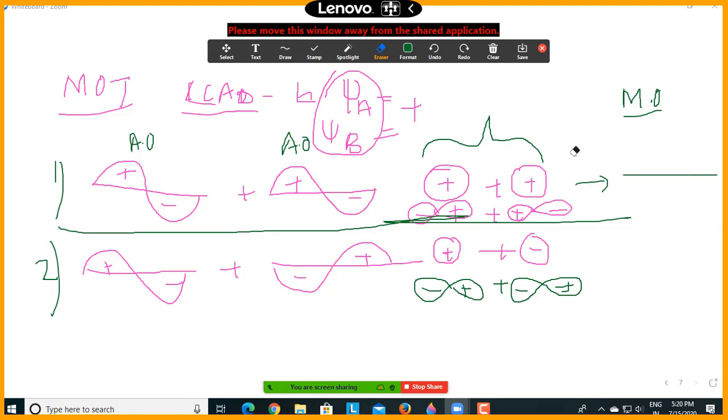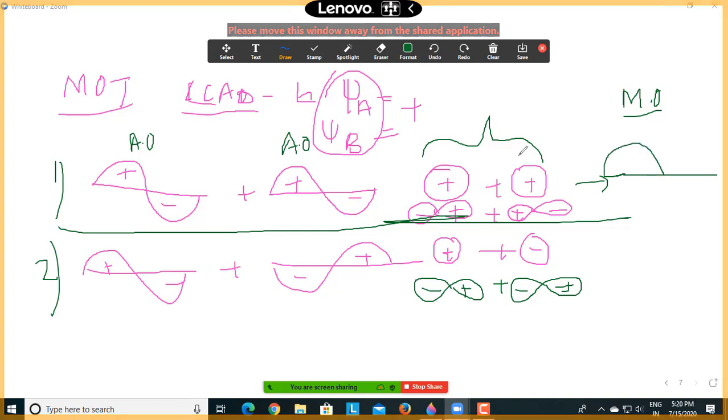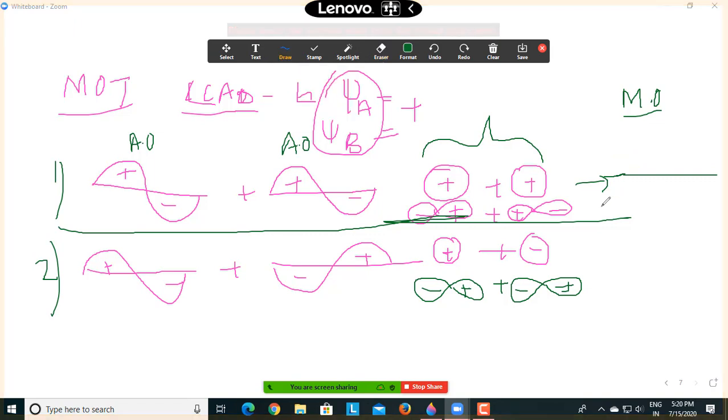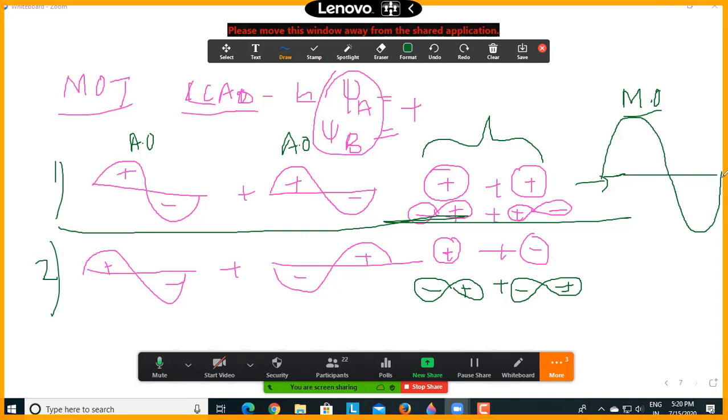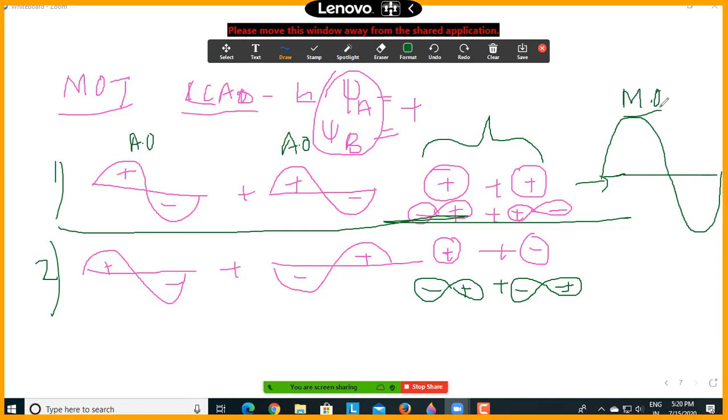If you mix like this, two amplitudes are added. So when two electron waves are mixing, the interference of the two electron waves gives you a resultant wave. The resultant wave is called the molecular orbital, so in that molecular orbital the amplitudes are added.